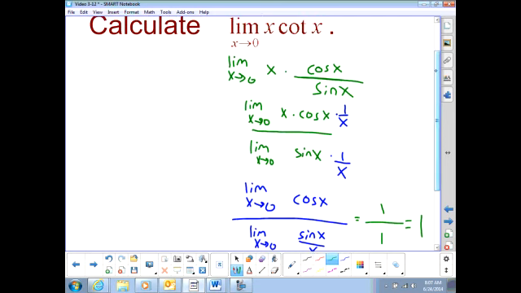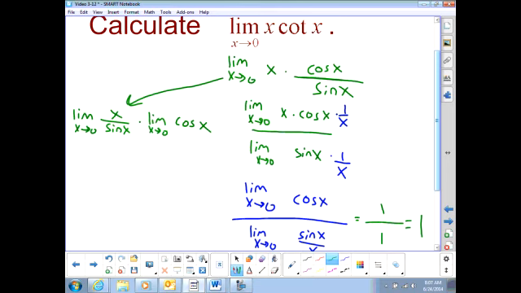Now, an alternative way we could have approached this is we could have done this as the limit as x approaches 0 of x over sine x times the limit as x approaches 0 of cos x. So all I did was I put the sine x under the x rather than under the cos x.